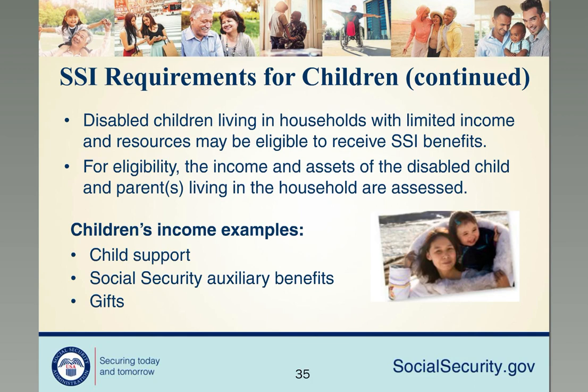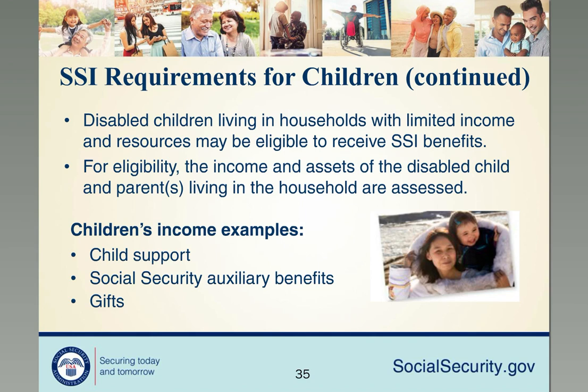SSI requirement for children: a disabled child living in a household with limited income and limited resources may be eligible to receive SSI benefits. For eligibility, the income and assets of the disabled child's parents living in the household with that child are taken into consideration.